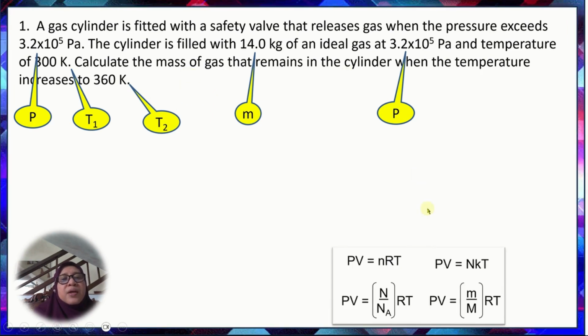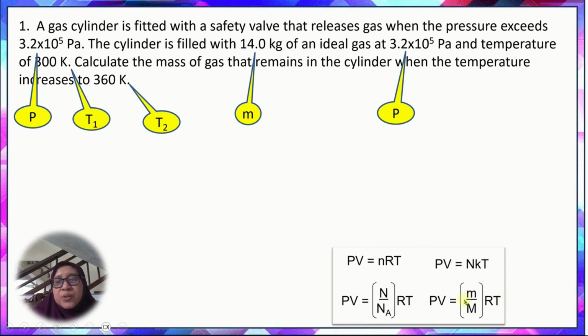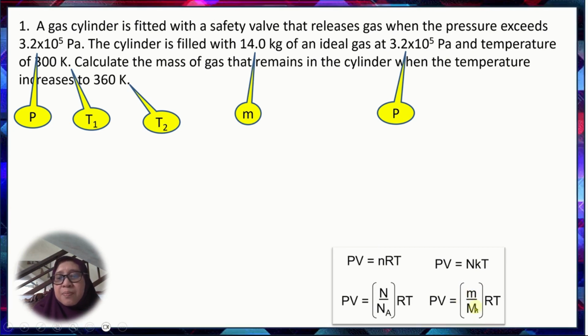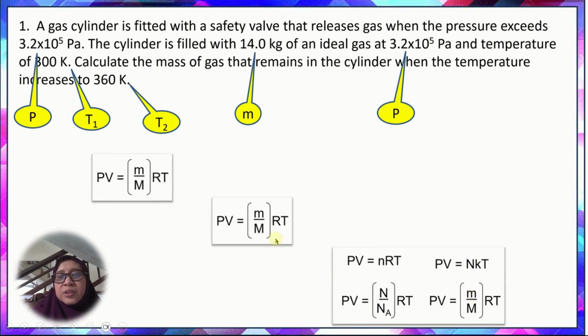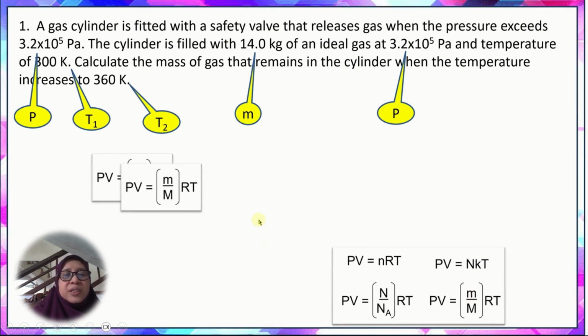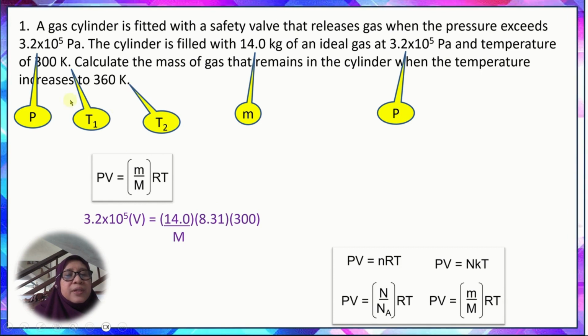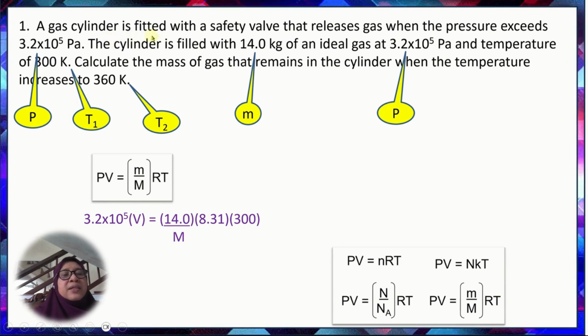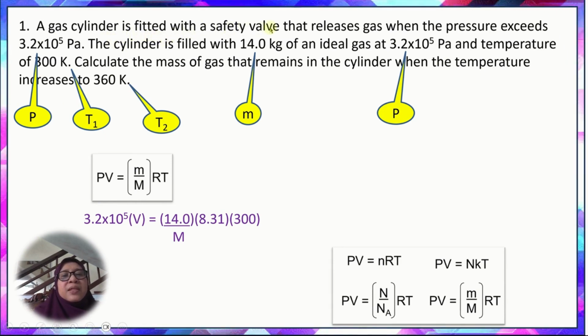So we are going to use this formula, the one with the mass: PV equals M over molar mass times RT. We choose this one and form two equations. In the first equation, the pressure and the volume remain the same because the gas cylinder is fitted with a safety valve, so the volume will be the volume of this cylinder.